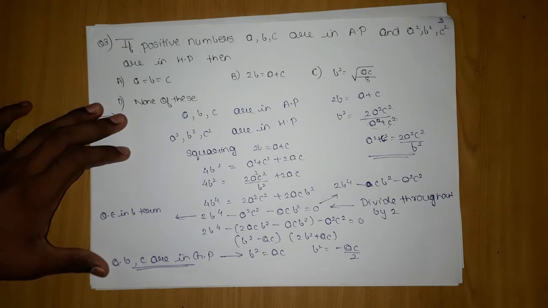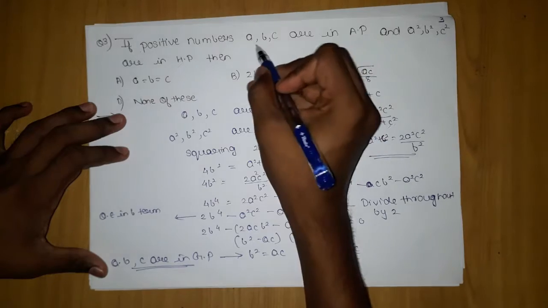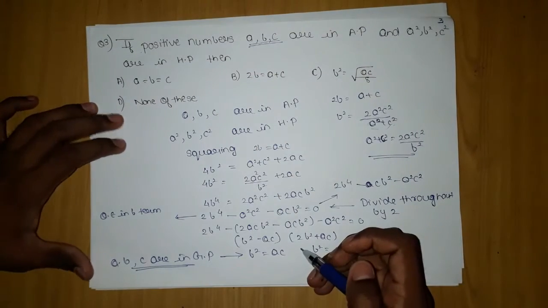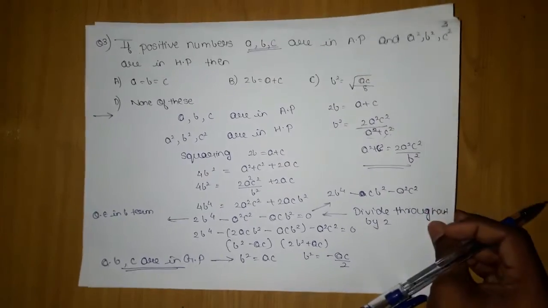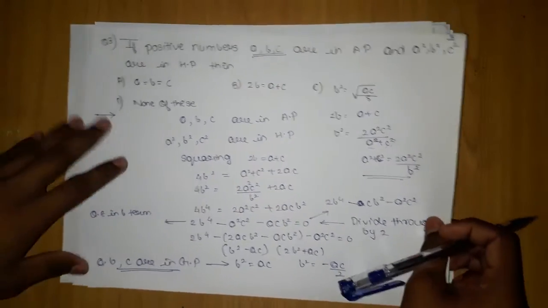But wait, just think again: a, b, c were in AP. So just think, and recall the things which we did when we were learning this chapter.